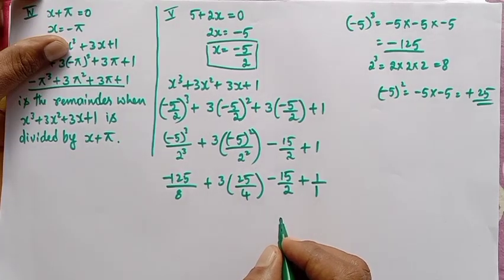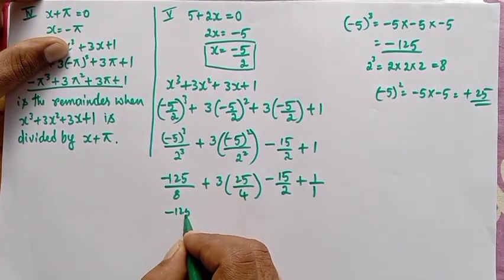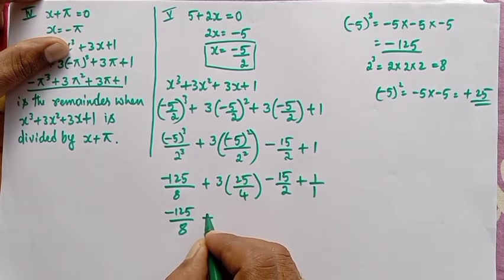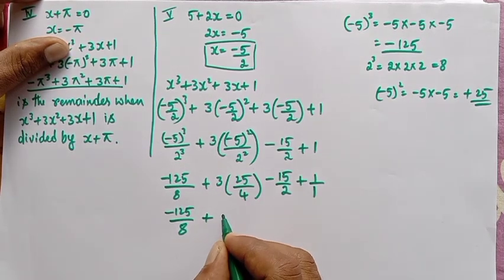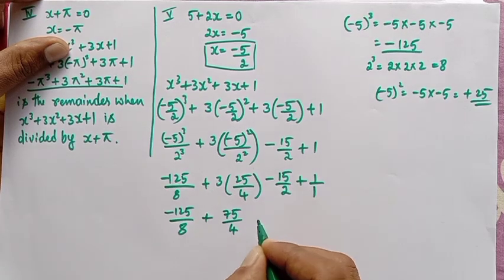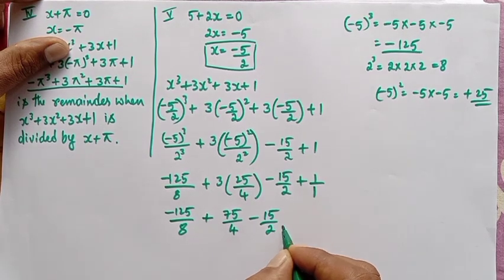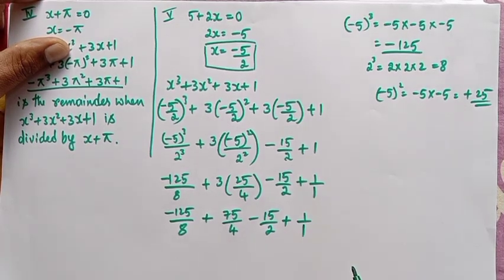So here minus 125 by 8 plus 3 25s are 75 by 4 minus 15 by 2 plus 1 by 1.